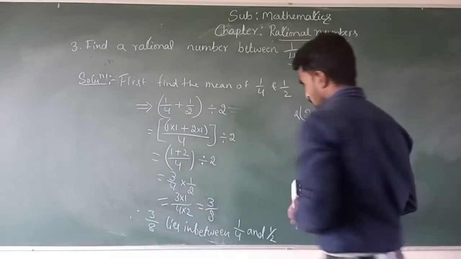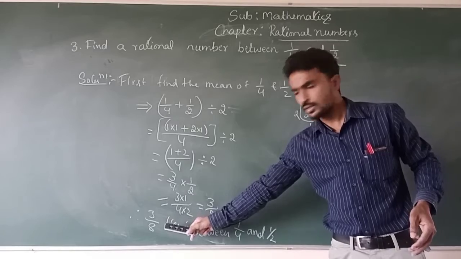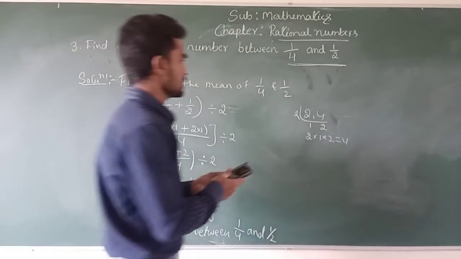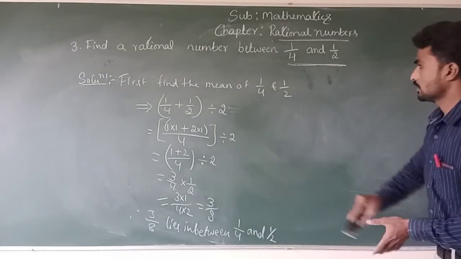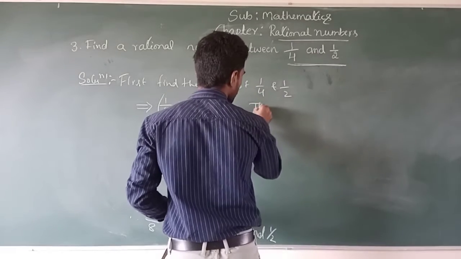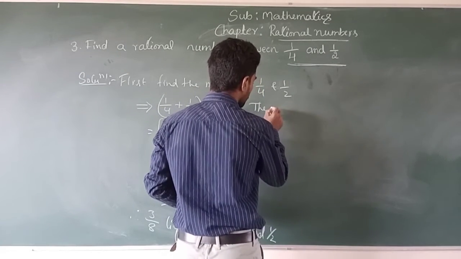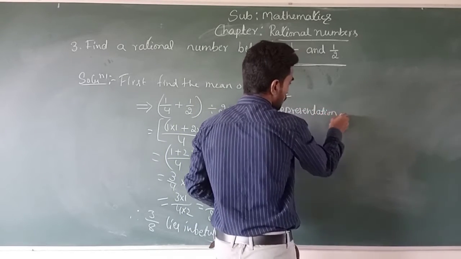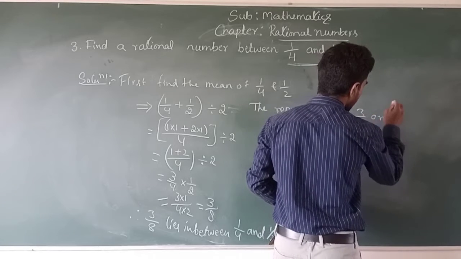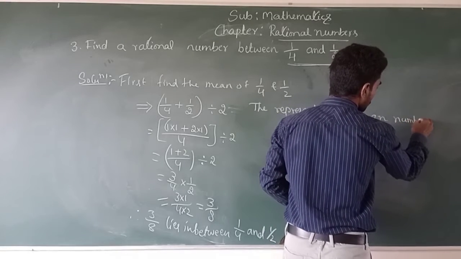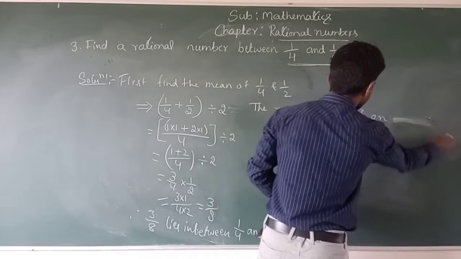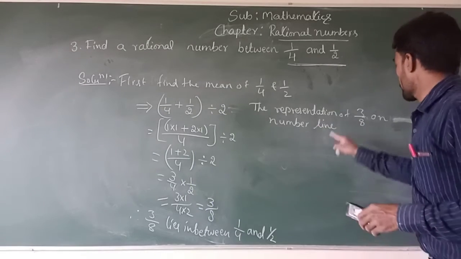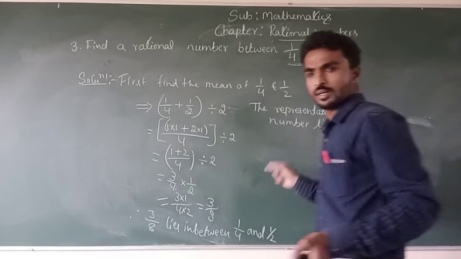How can we represent this 3 by 8 on the number line? Very simple. The representation of 3 by 8 on the number line.